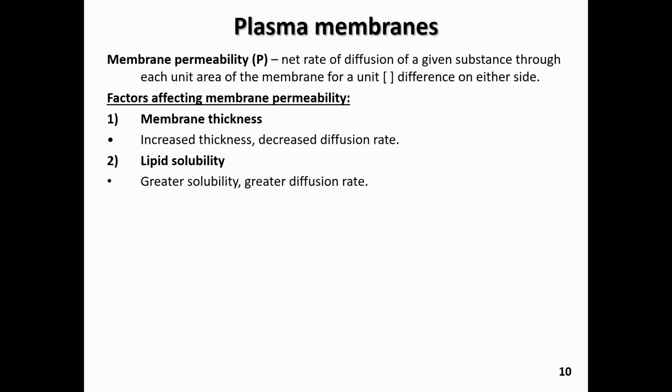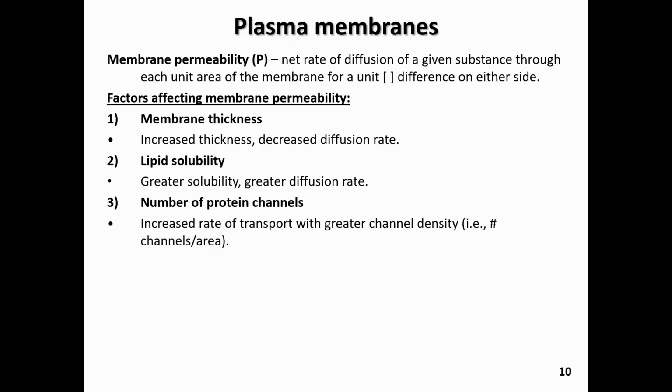In terms of moving through the phospholipid component of the membrane, molecules that are more lipid soluble have that greater solubility and can form favorable and reversible chemical bonds with the fatty acid tails of the interior portion of the cell membrane, and so that gives rise to a greater diffusion rate.